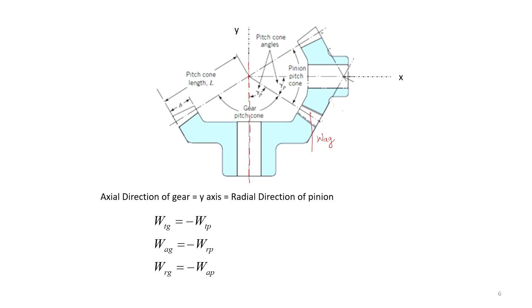The direction of the radial load on the pinion will be towards its axis of rotation. So, W radial on the pinion will be along the direction of Y. So, just opposite to that will be a force which will act on the gear, and that force will be the axial force. So, WAG, that means axial force on the gear, will be in the opposite direction to the radial force on the pinion.